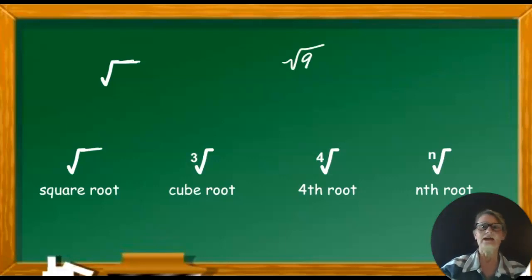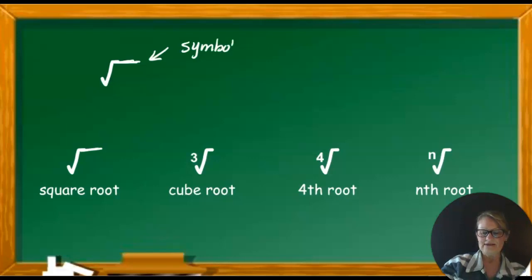That's really not how you should say this. That is the square root of 9, not radical 9. When you look at the symbol itself, this symbol is the radical symbol. That's what it's called.